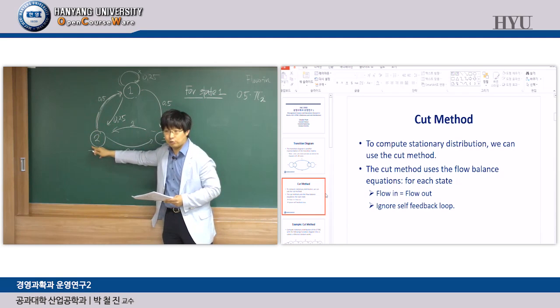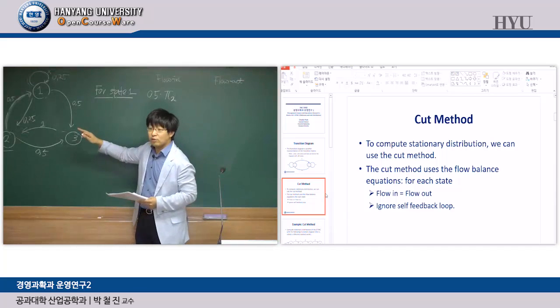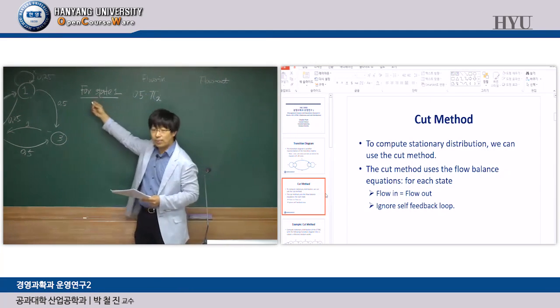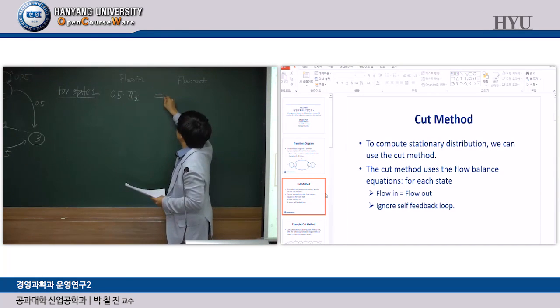In this case, 2. Okay. And we don't have to consider any other arcs for the flow in at state 1. Okay. And this one is the same as flow out.